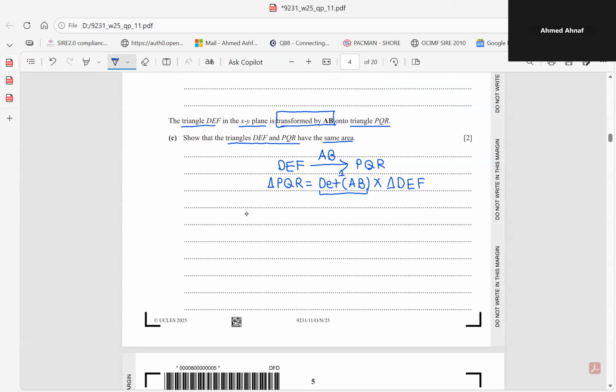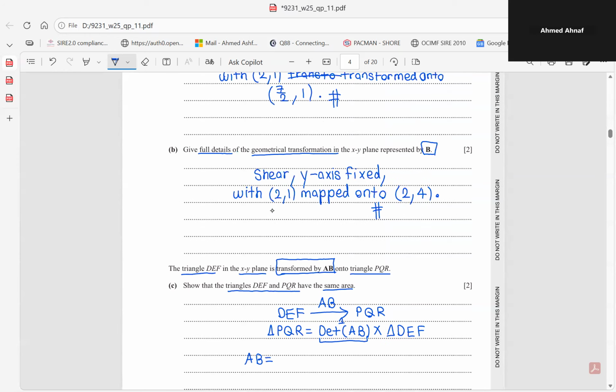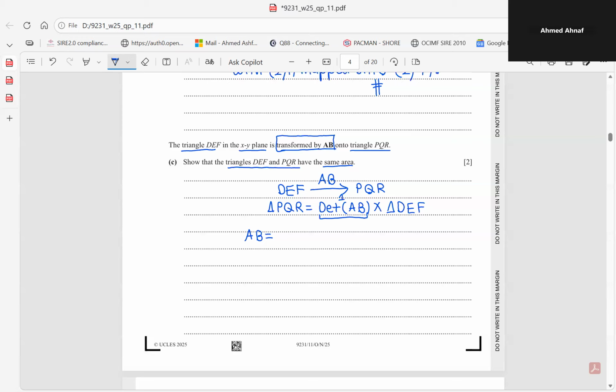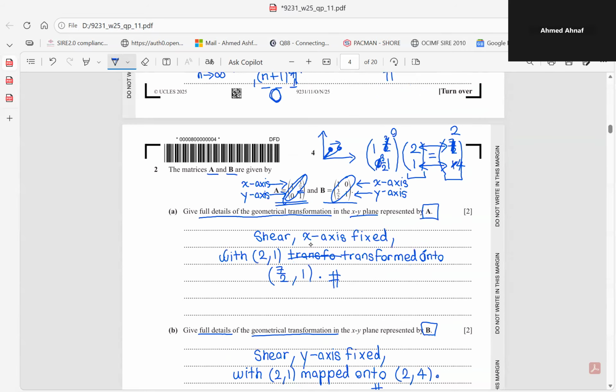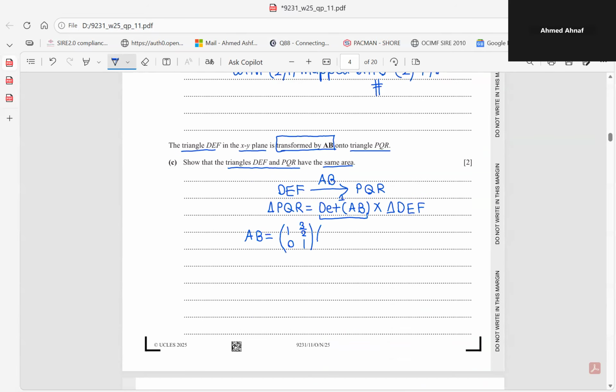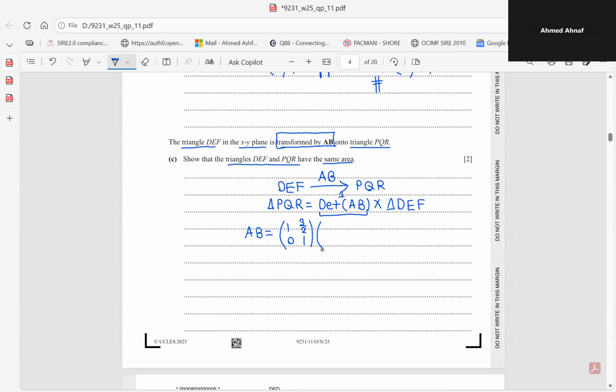First of all, we need to find what AB is exactly. A is 1, 3 over 2, 0, 1. And then B is 1, 1, 0, 3 over 2.